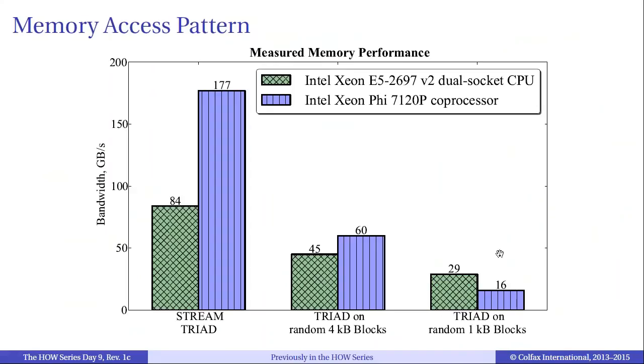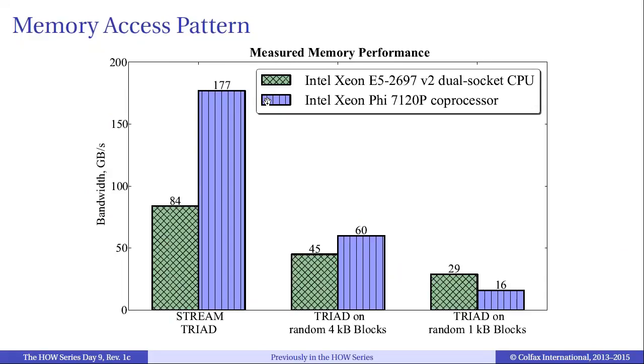This slide relates to performance, and specifically it addresses what we are going to talk about today. I showed this slide during the very first presentation on day 1, and it shows a measurement of the memory performance in terms of bandwidth for two platforms, as usual, a dual-socket Intel Xeon CPU shown in green and a Xeon Phi coprocessor shown in blue.